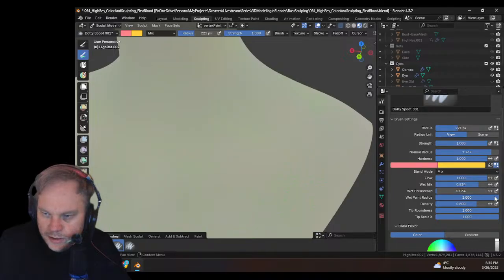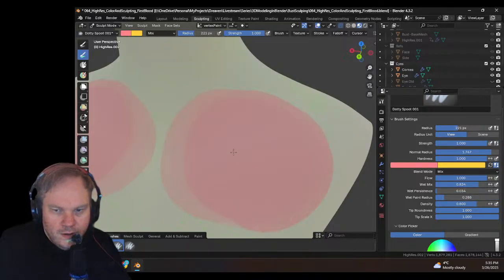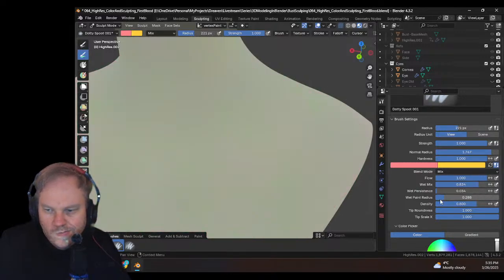What is the radius doing? The outweight one. Let's try this. Hardness down. Density down. Much.